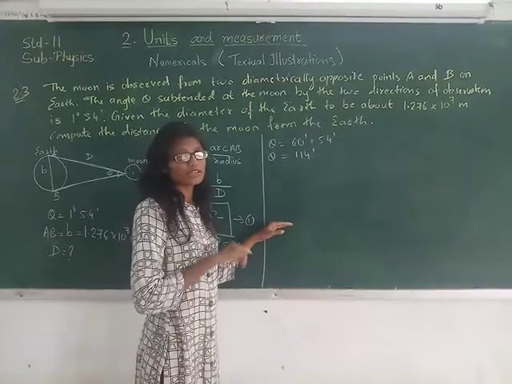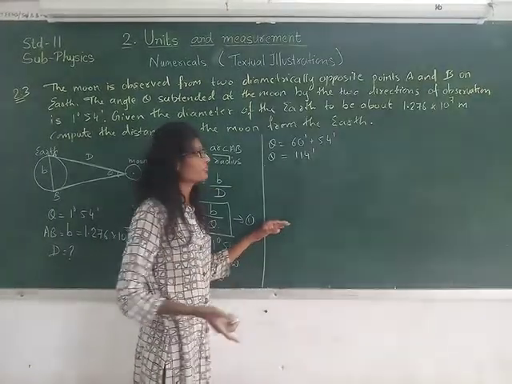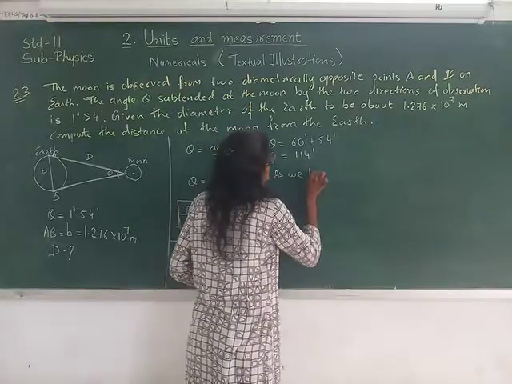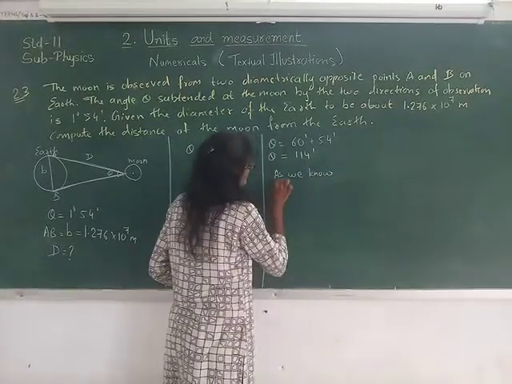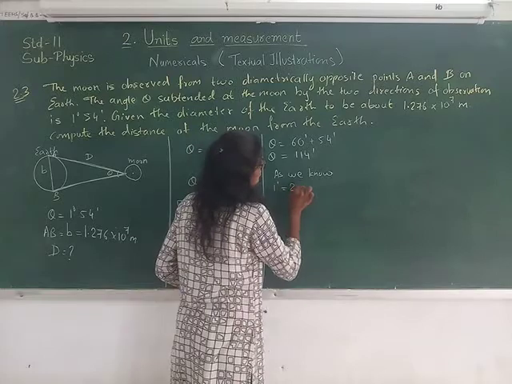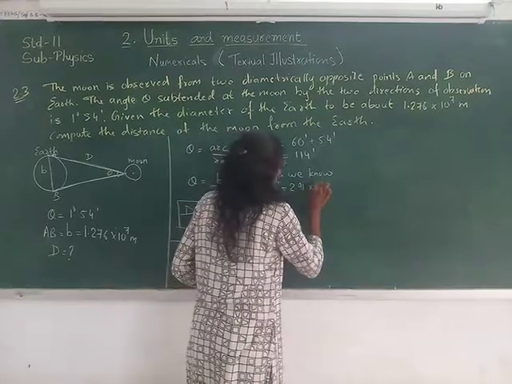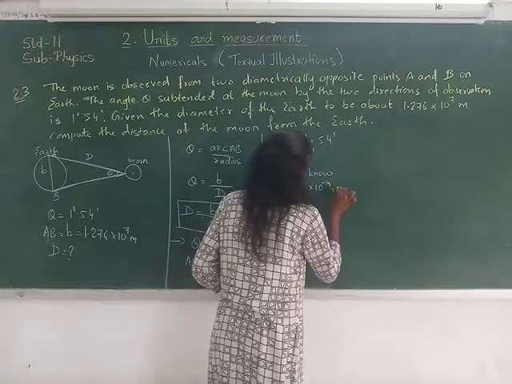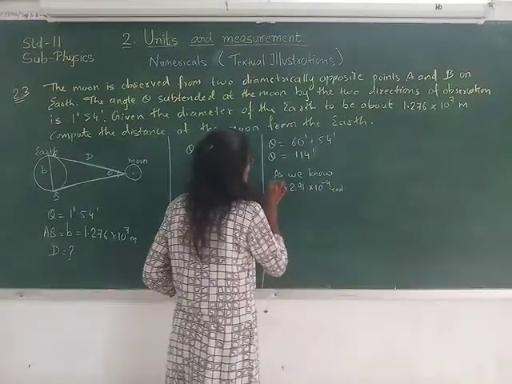We need to convert this into radian, and as I have shown in the first numerical, we need to remember that 1 minute equals 2.91 into 10 raised to minus 4 radian.